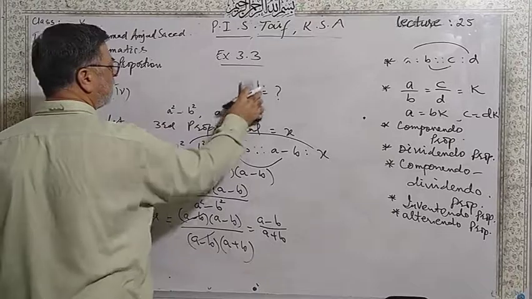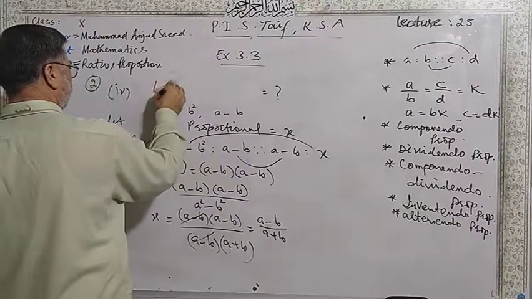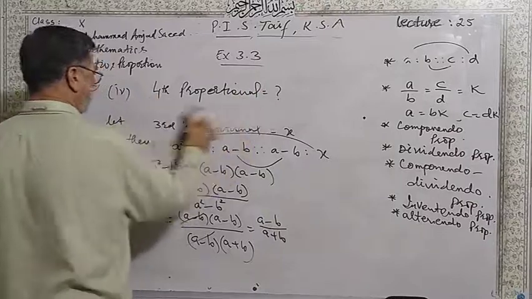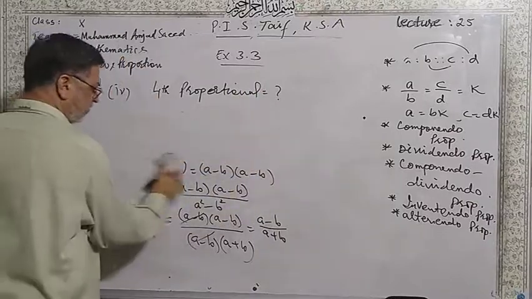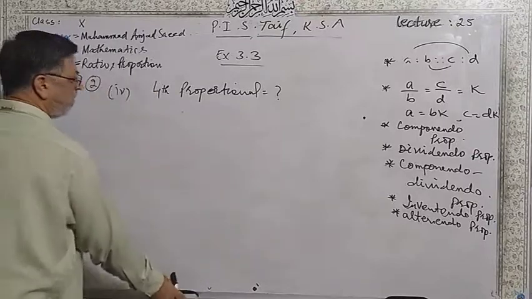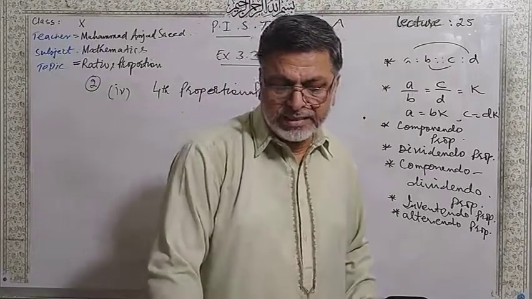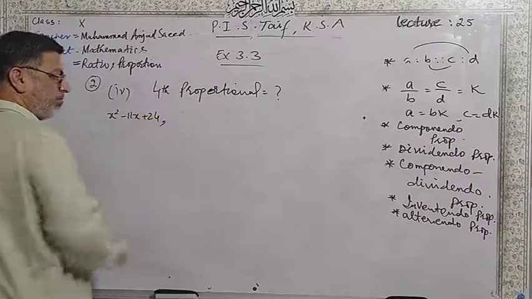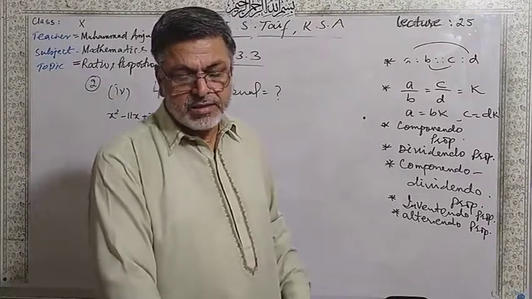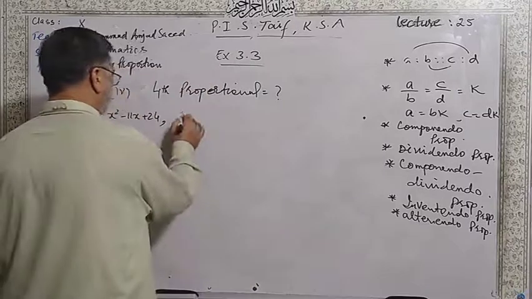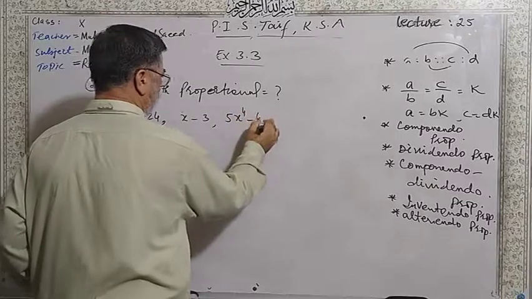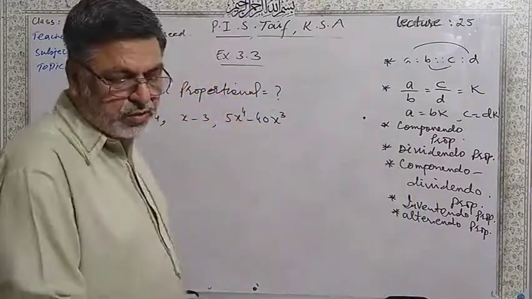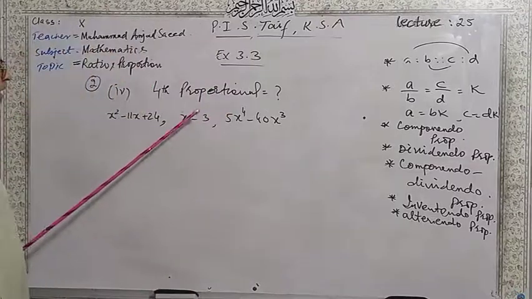We have to find fourth proportional, whereas your given members are x square minus 11x plus 24, x square minus 11x plus 24, next is x minus 3 and 5x4 minus 40x cube. So you can check, we are given x variable.